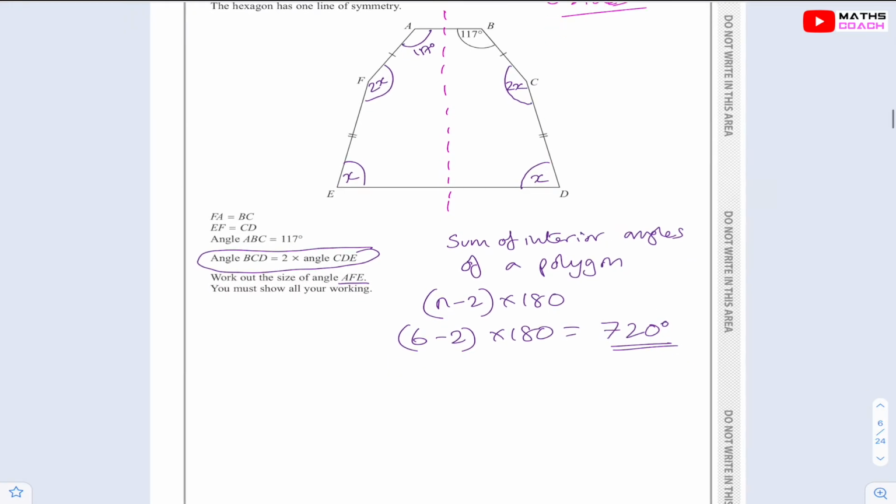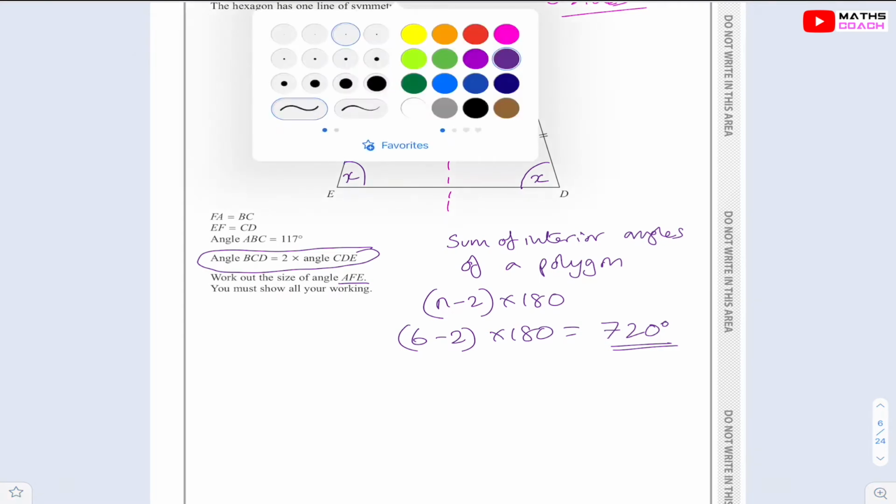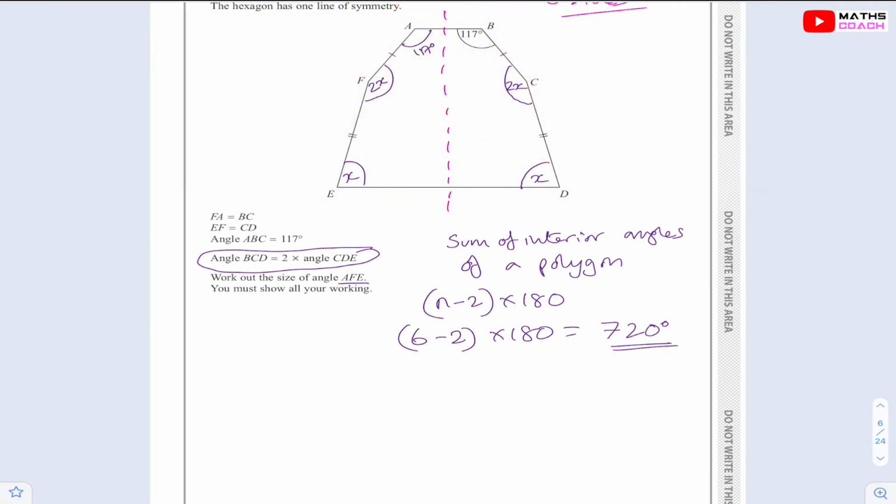Now all we will do is add, let's do this in another color, we'll add all of the angles and make it equal to 720, thus forming an equation. So we have 117 plus 117 plus 2x plus x plus x plus 2x, and that equals 720.